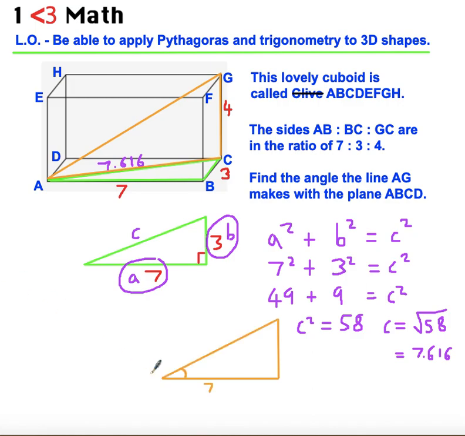Now it's this angle here that we're going to work out, and we have the measurements 7.616 and 4 as our 2 sides. With Pythagoras you're using 2 sides to find another side, but with trigonometry we're always involving one angle, not the right angle, and 2 sides. In this case we have 2 sides, so we can work out the angle that the exam question is asking us to work out.